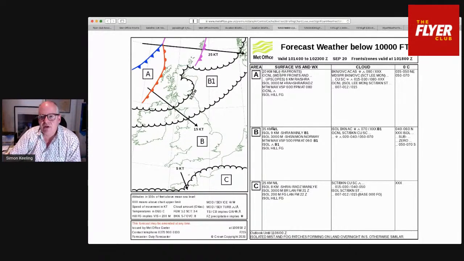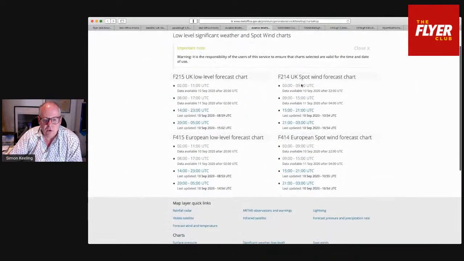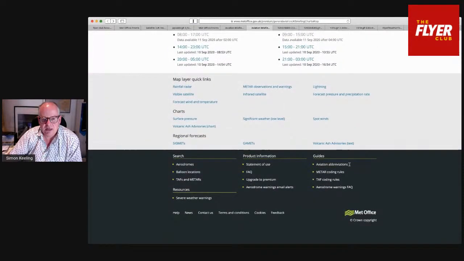However, if you want to break them down and have a look at them, I have an abbreviation list that I send to people who come to Aviation Weather School, but what you can do is go to the Met Office Aviation site and scroll all the way down to the bottom of the page. Can you see there that it says Aviation Abbreviations?